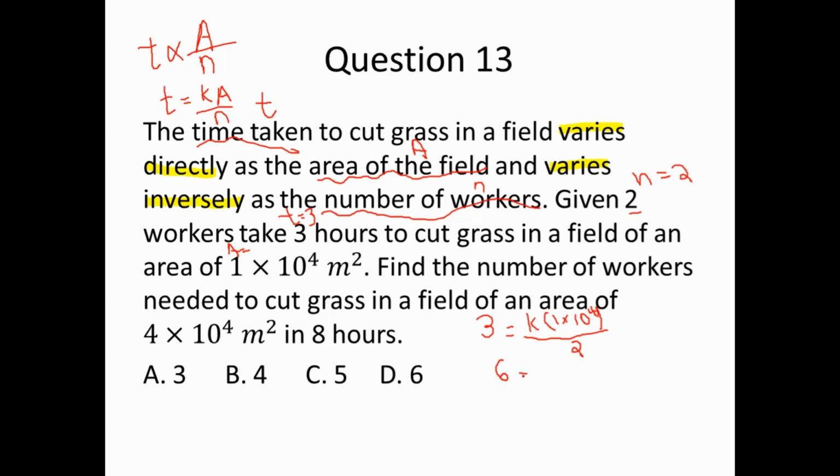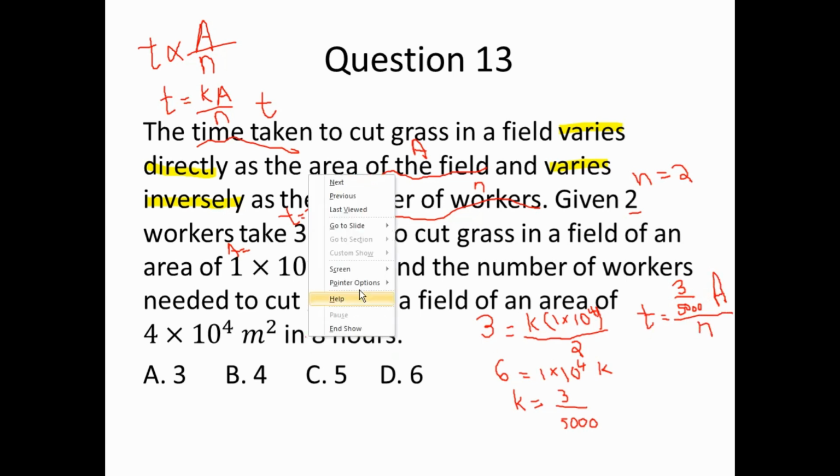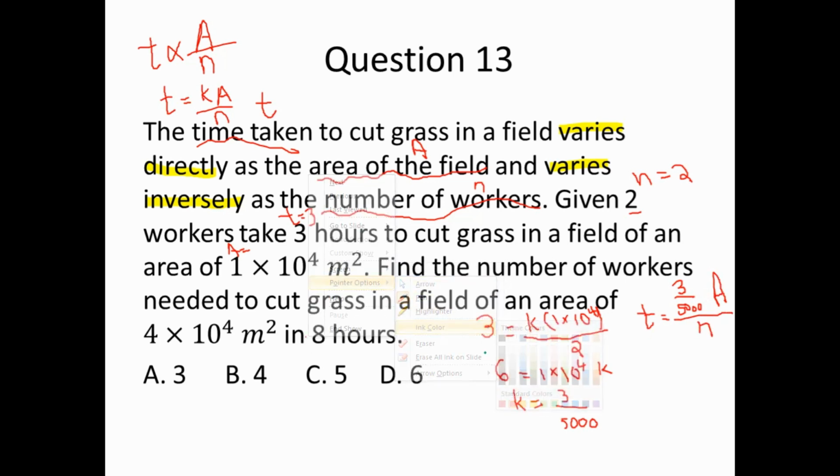So 6 equals 1 times 10 to the power 4 k. So k equals 6 divided by 1 times 10 to the power 4. You will have 3/5000. Put back the value of k into the original equation. So T equals 3/5000 times A over N.